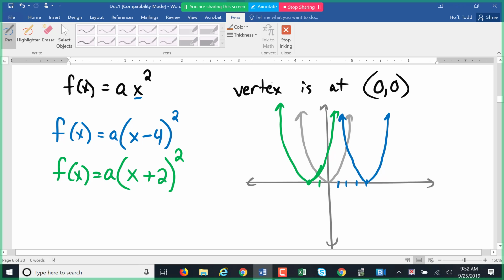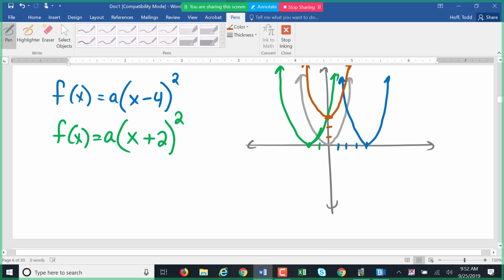To move it up or down, let's say I wanted to move it up 3 units like this. If you recall, I would adjust y. So to move it up 3 units, it'd be y minus 3.